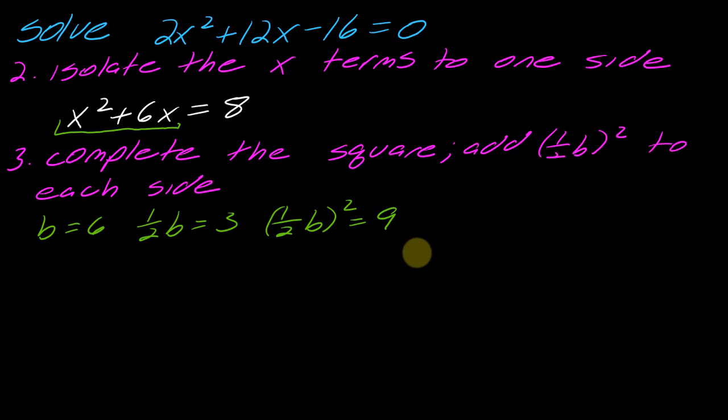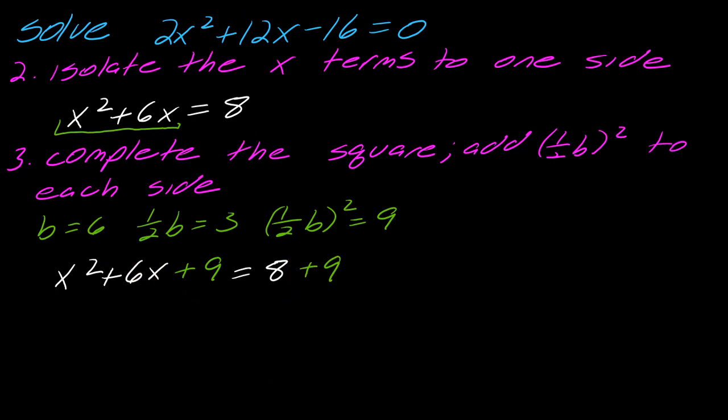So this 9 now has to keep the balance of the equation, it has to be added to each side. So the way that this is going to look is x squared plus 6x plus 9 equals 8 plus 9. So now we've ensured that this whole thing is going to remain balanced.